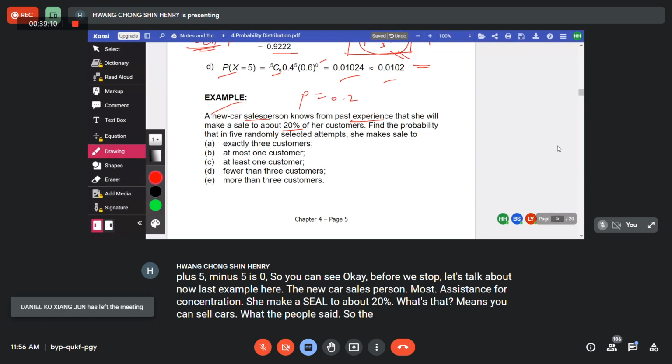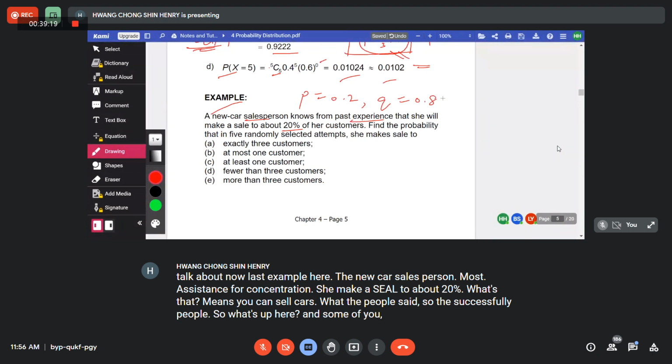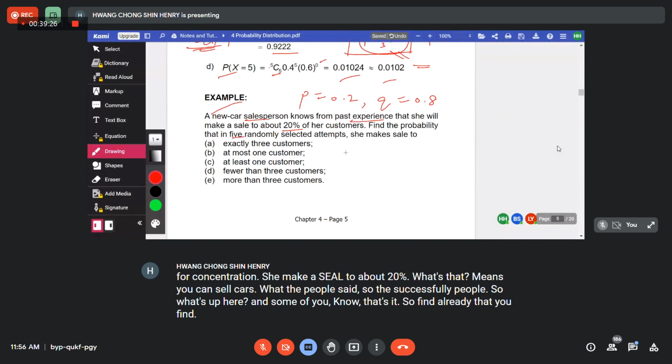So the success probability to sell a car is 0.2. So what's your q? Can sell a car 0.2, cannot sell a car 0.8. Success and failure. So find the probability that in 5 sales, 5 customers, what's the probability?